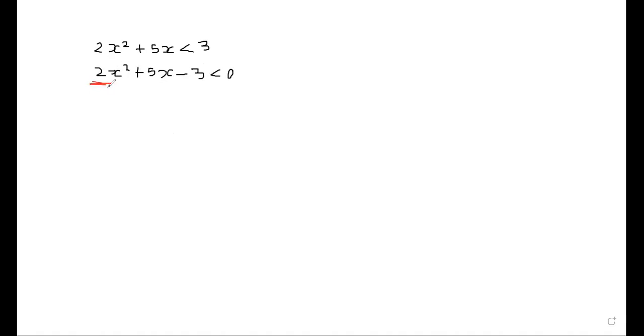It's something other than 1. You take this and that, you multiply them, they give you what? Negative 6. Now you must find two numbers that will multiply to negative 6 but will add to positive 5.